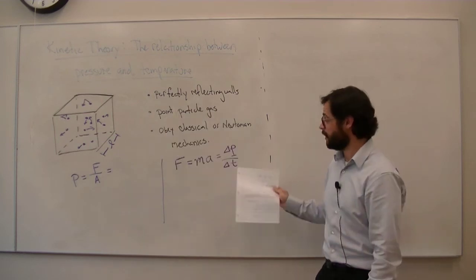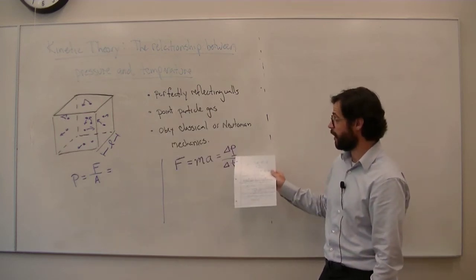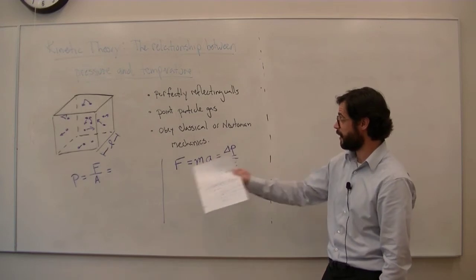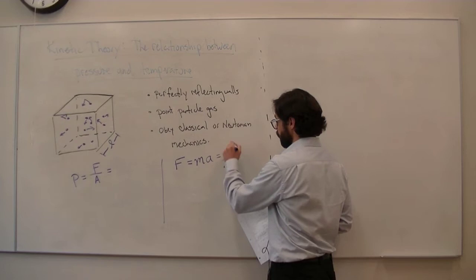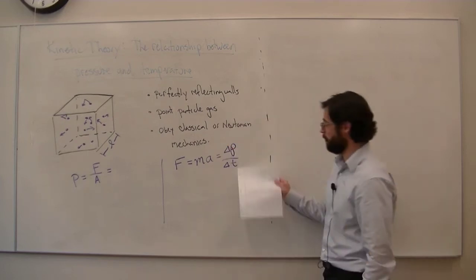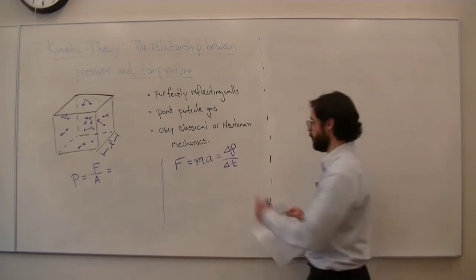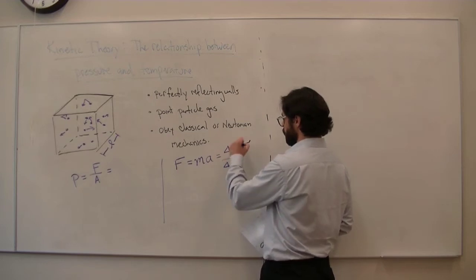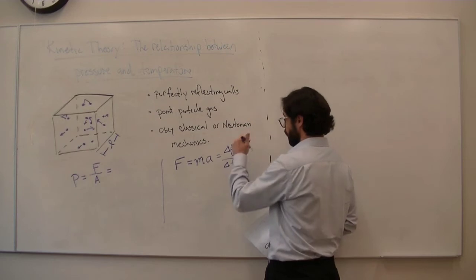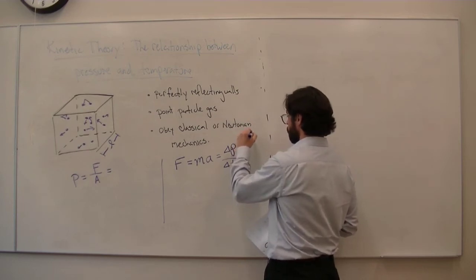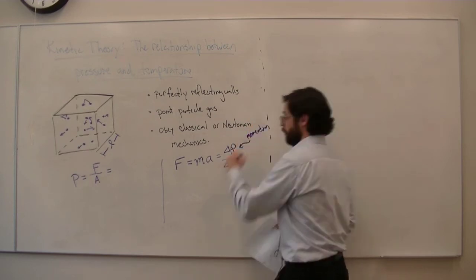It's not nicer in the sense that we already have a P floating around, and that's pressure, which is force per area. So I'm going to do my best to make this lowercase and serif and squiggly to indicate that this really is momentum. So this is change in momentum over change in time, which is actually how Newton phrased his second law originally. So this is momentum, and that's pressure.